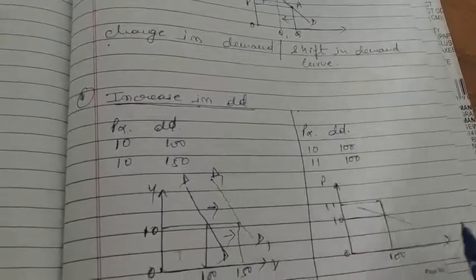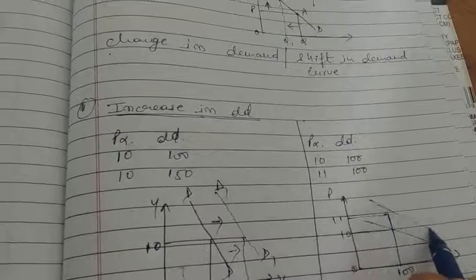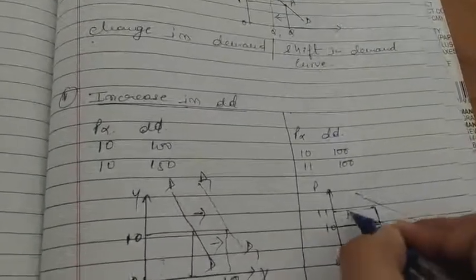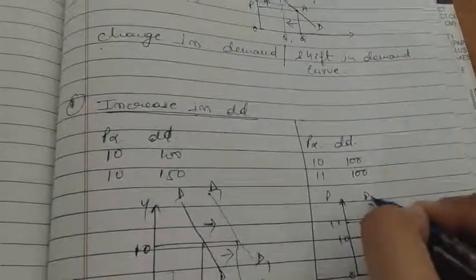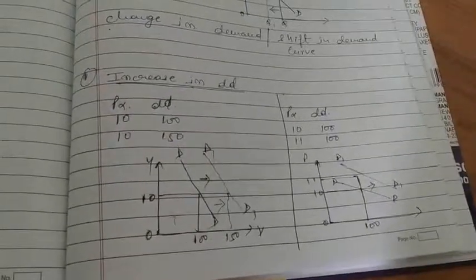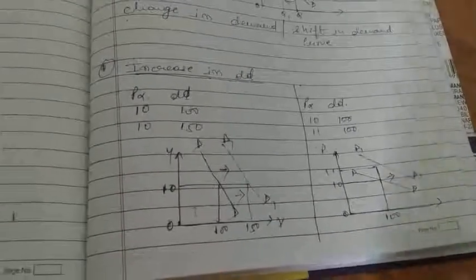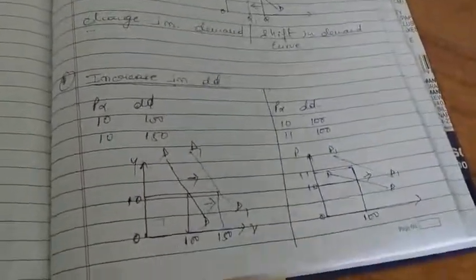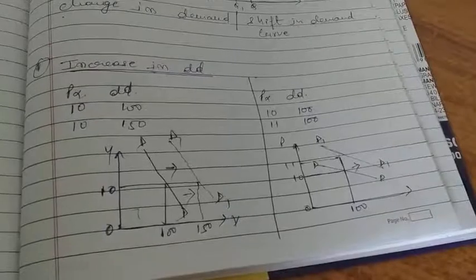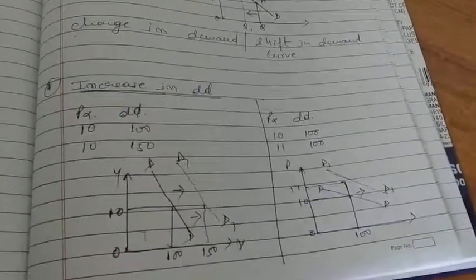So first the initial demand curve, and this is the new demand curve. Here also we see that there is a rightward shifting of the demand curve. So here the demand curve shifts rightward because of change in other factors. The price of the commodity is not changing.